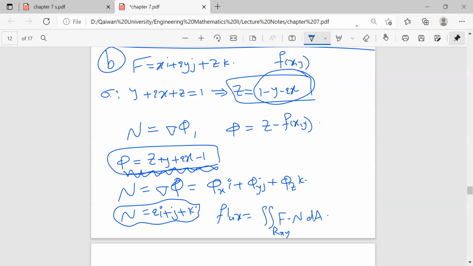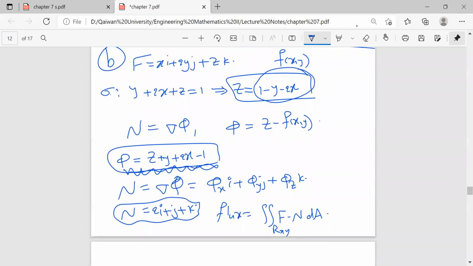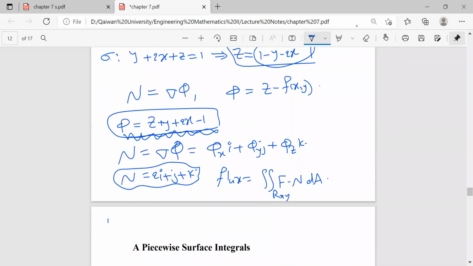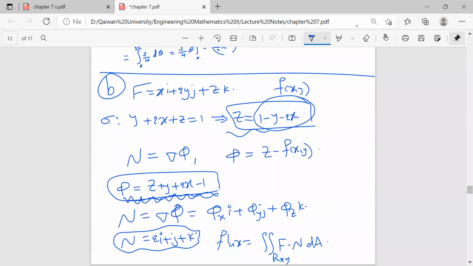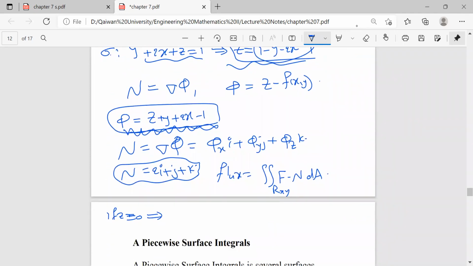Let's write down the limits for the integration. Since we have a function of xy, we let z equal 0 to find the limits. If z is 0, we get y plus 2x equals 1.